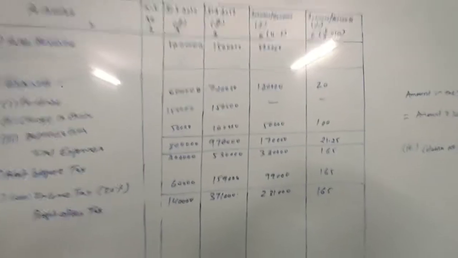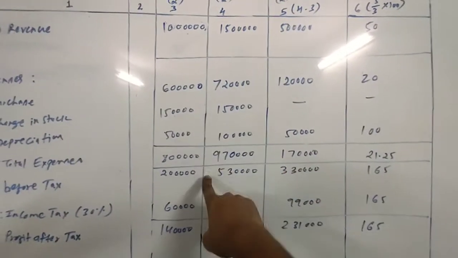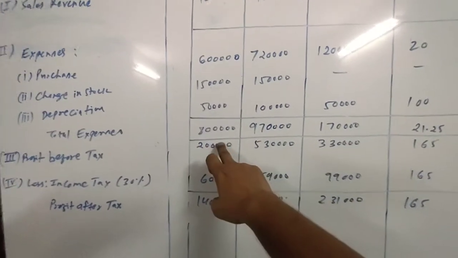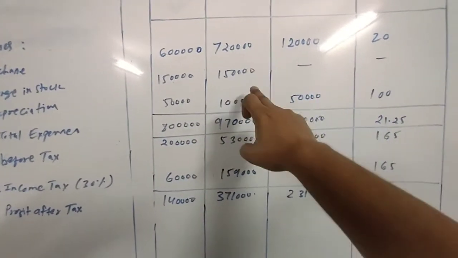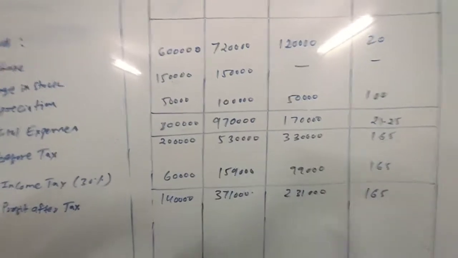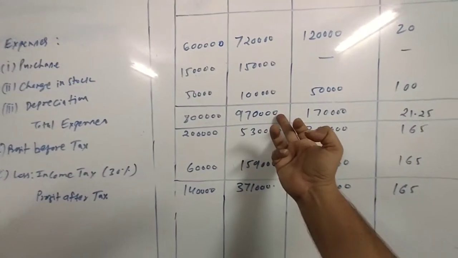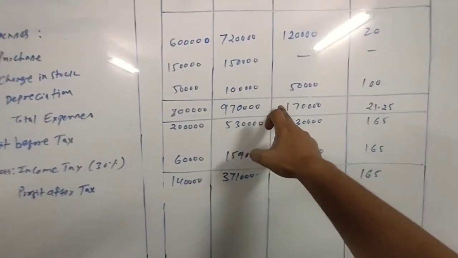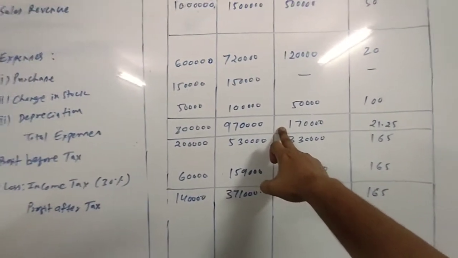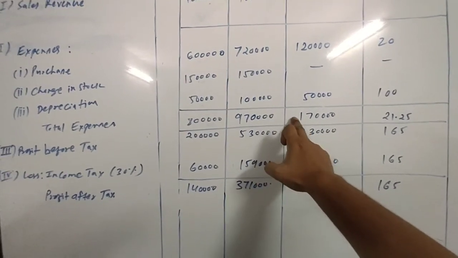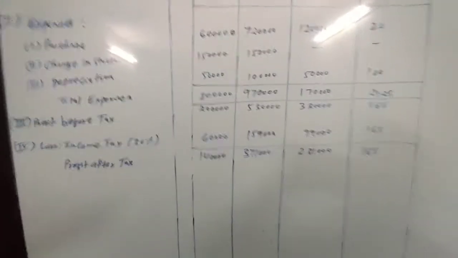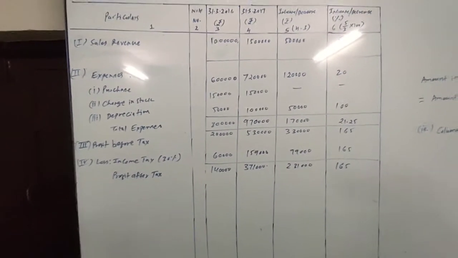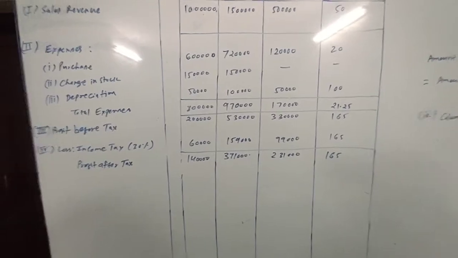Okay friends, and you may total this: 6 lakh plus 1,50,000 plus 50,000 will give you 8 lakh, and 7 lakh 20,000 plus 1 lakh 50,000 plus 1 lakh will give you 9 lakh 70,000. This is already given, and 8 lakh you can make total, or else 9 lakh 70,000 and 1 lakh 70,000 are already given. So 9 lakh 70,000 minus 1 lakh 70,000 will give you 8 lakhs, which is the column of total expense.